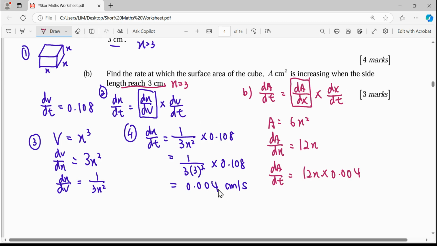Therefore, dx/dt can refer to this 0.004. Then another one is to substitute the x here to be 3. So here we have 0.144. Surface area, it will be cm squared per second.